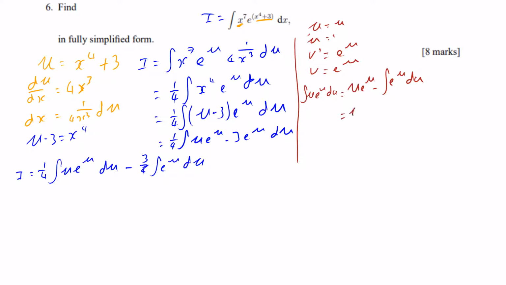So we can then integrate this: u e to the u minus e to the u. And I'm not going to write the constant at the minute, I'll put the constant in at the end to simplify it.